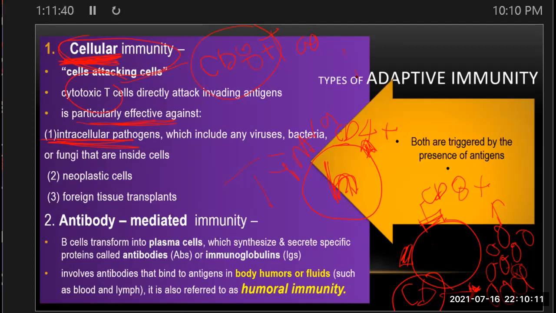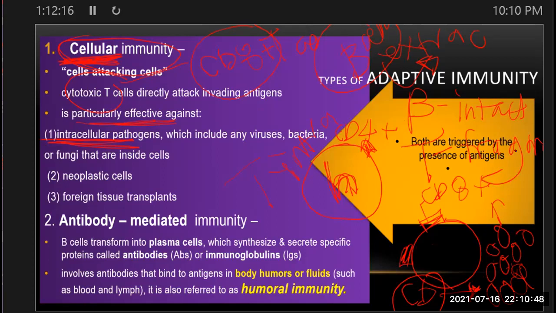But if we are talking about extracellular, the effector cells responsible for combating such antigens would be the B cells. B cells are useful against extracellular antigens or pathogens, while your T cells are useful for your intracellular. And another thing, B cells can recognize intact antigens, while T cells require those antigens to be fragmented.